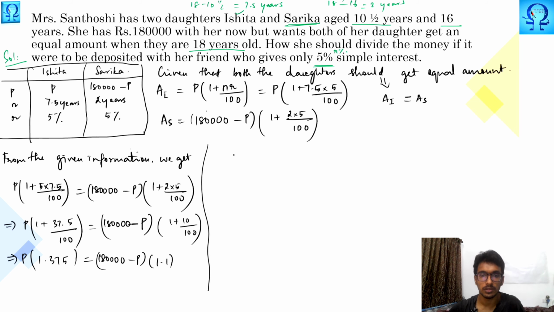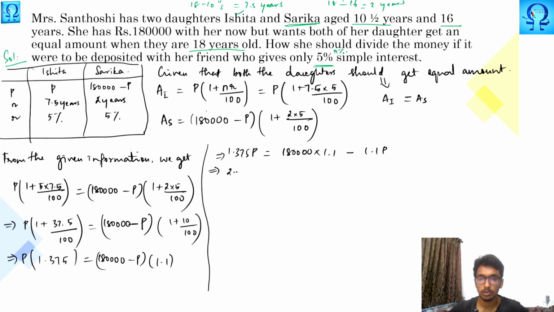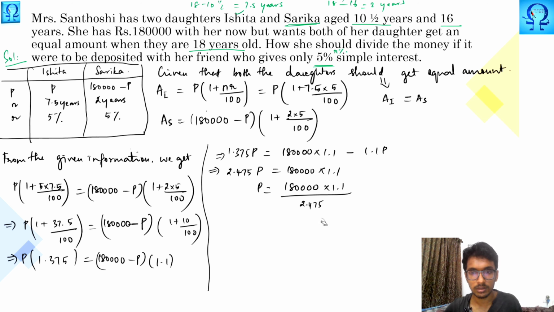Now we have to simplify this. So 1.375 times P equals 1,80,000 into 1.1 minus 1.1 times P. If I take this P value to this side, it becomes 2.475 times P equals 1,80,000 times 1.1. So P would be 1,80,000 times 1.1 upon 2.475, and I think I need a calculator to do this.